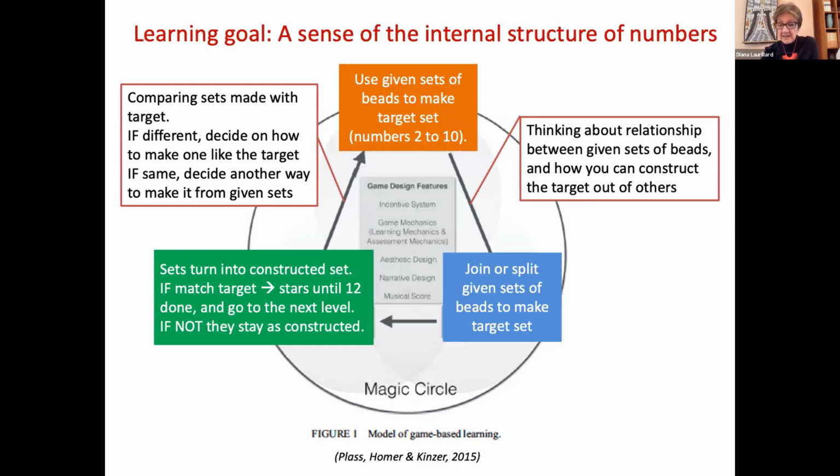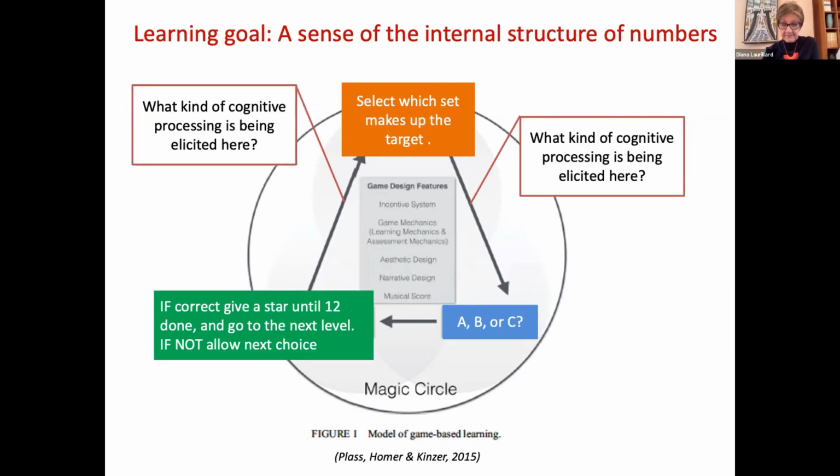And suppose instead the learning theory was using a multiple choice question mechanic. Well, in this case, the learner just has to decide which of 3 possible sets must be added to a given number to make the target. So the only cognitive processing needed is to decide between options A, B, and C. That is, should I add a 3 or a 5 or a 6, for example?